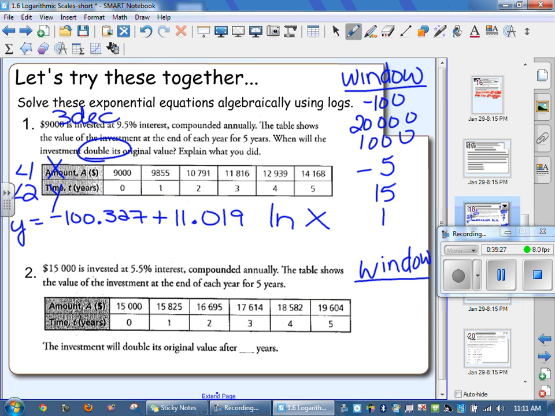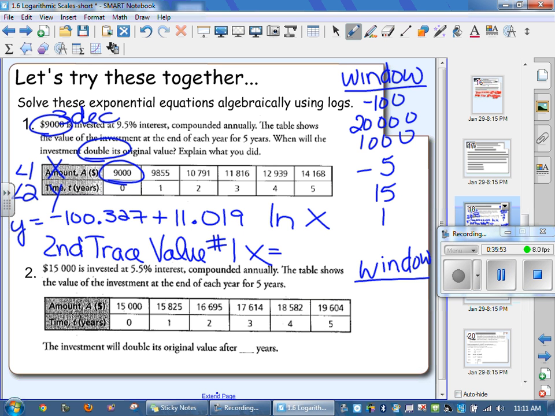So to find the y number, if you look on the chart, when you know x and you want to find y, you do second trace, value. Value is number 1. When that comes up, an x equals is going to come up. That's where you type in your 18,000 and then hit enter. And that's going to give you what y equals at 18,000. And here y is standing for time.